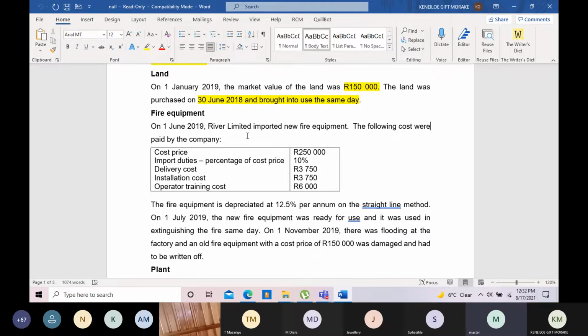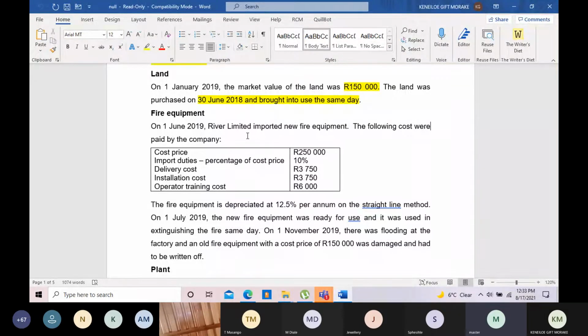These costs, like import duties, delivery cost and installation cost, are going to affect our main cost price, which is 250 rand. So we don't take the operator training cost into account, because it does not form part of the main cost price.